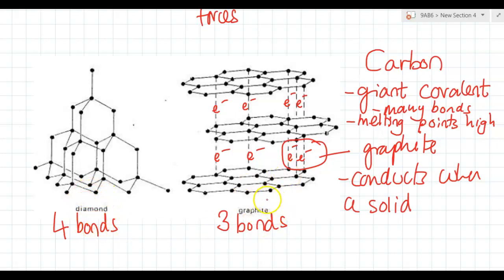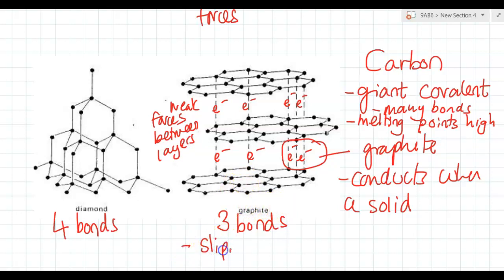The graphite has a high melting point, but can you see these dotted lines here are just weak forces between the layers, that explains why graphite, although it's got a high melting point, is also slippery.